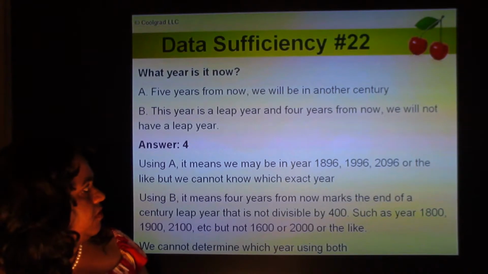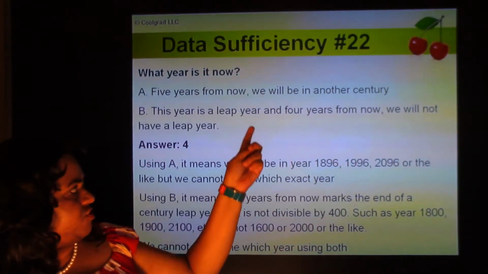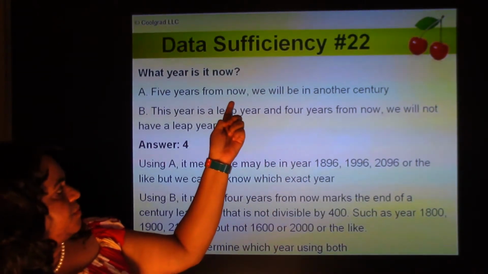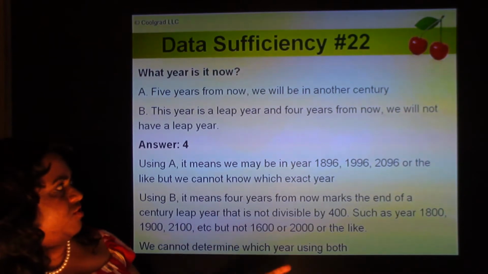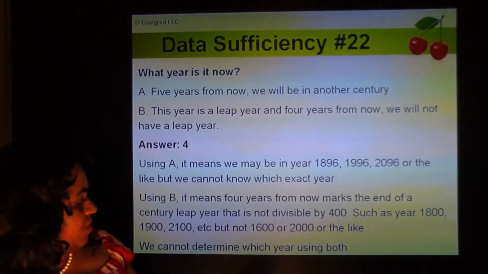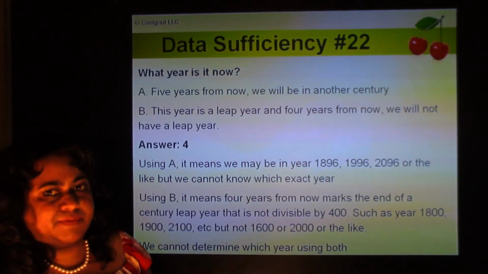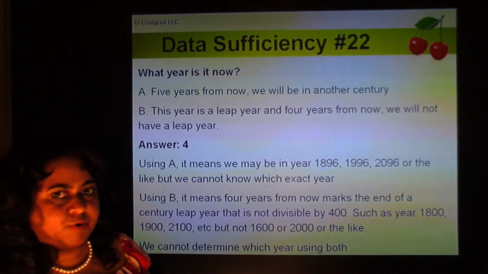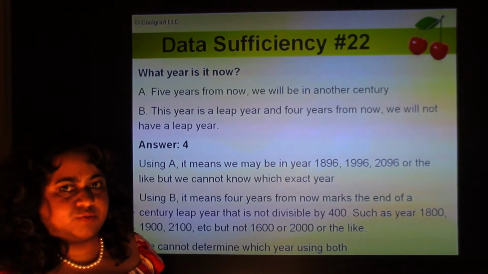So we can still have multiple solutions, say 1796, 1896, for example. And if you use both the statements together, we can still have multiple solutions which meet all the criteria. So option 4, both the statements together are insufficient to answer this question.